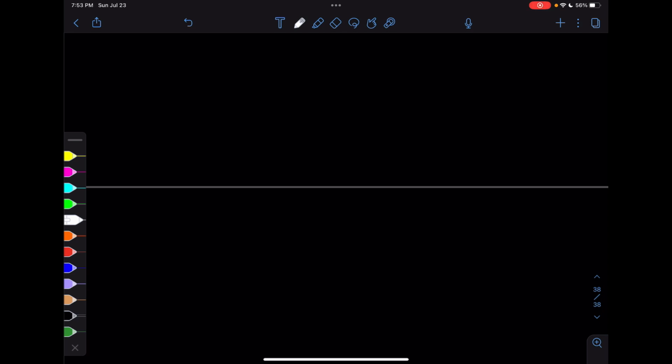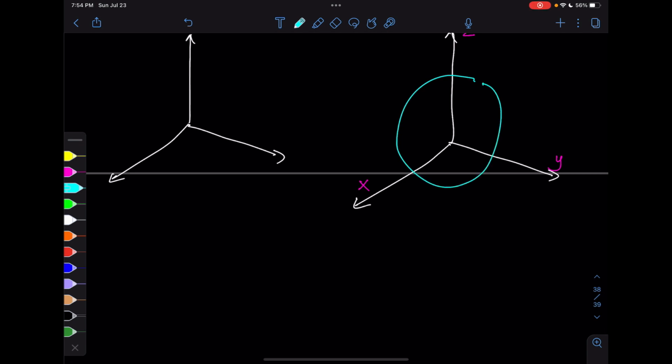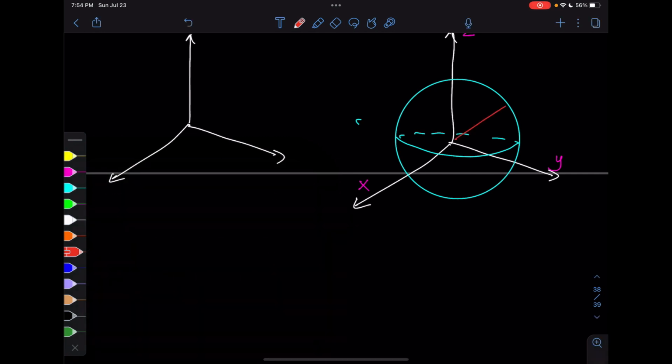We do the same thing using spherical coordinates as well, okay? So the idea is that let's say we have two coordinate systems, and we have been trying to do math in the x, y, z coordinate system. We get some sphere that has some radius to it, okay?